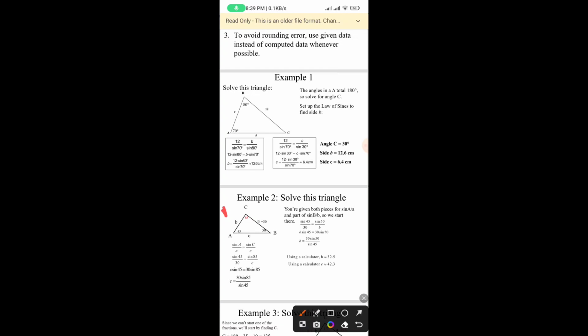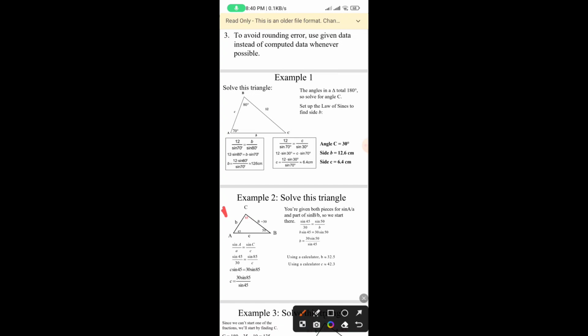Sine 45 over 30 is equal to sine 50 over B. So we're going to find B. B sine 45 is equal to 30 sine 50. B is equal to 30 sine 50 over sine 45. Then using a calculator, B is equal to 32.5.